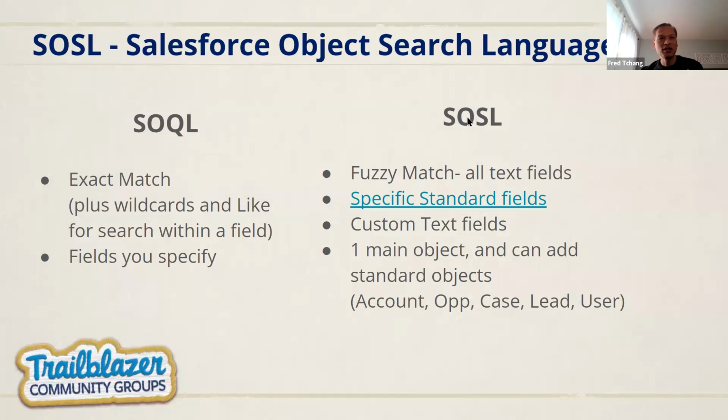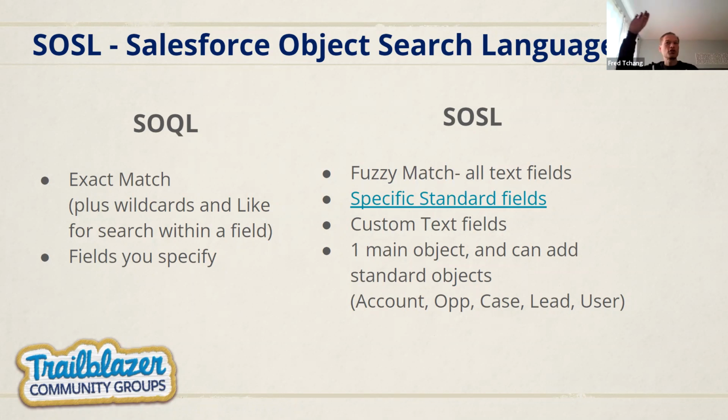But SOSL is another search language in Salesforce, and it's really about fuzzy matching of text and a wide variety of fields you're searching across. It is the basis upon which the global search is used.